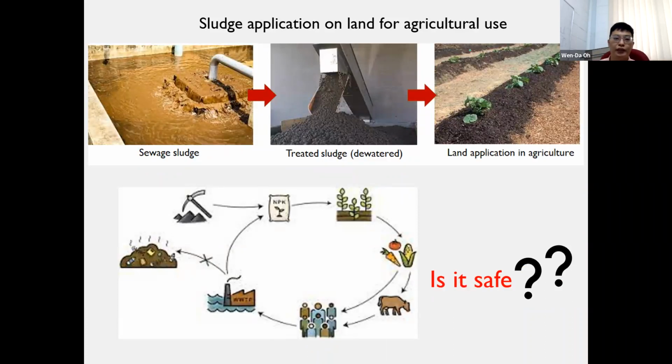Just want to share with you another common source of this genotoxin, which is sewage sludge. Sewage sludge is something that is produced in a wastewater treatment plant. A wastewater treatment plant is a place whereby most of the time they use microorganisms to remove pollutants.